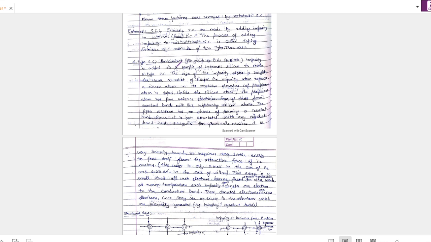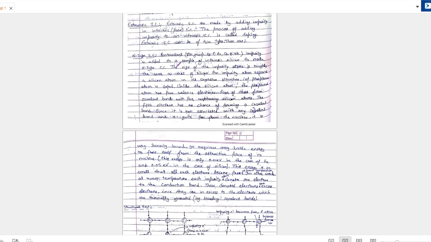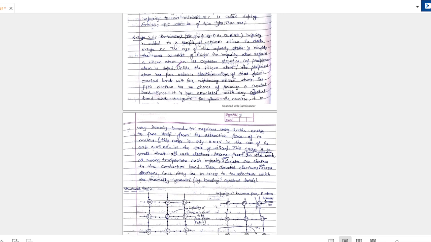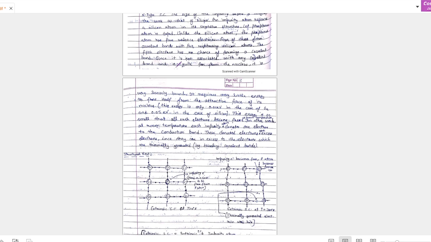Group 3 means the atom has 3 electrons in its outermost shell, and group 5 means it has 5 electrons in its outermost shell.